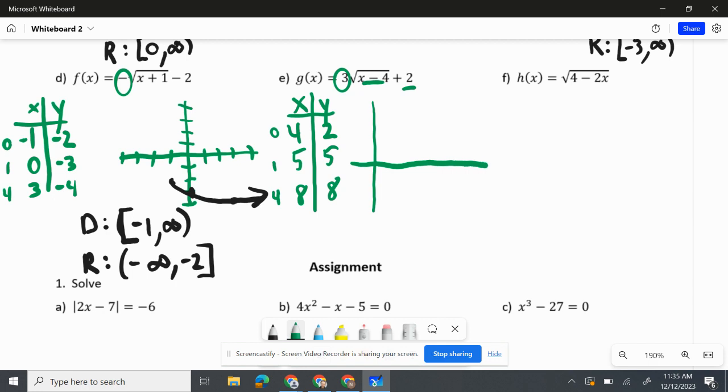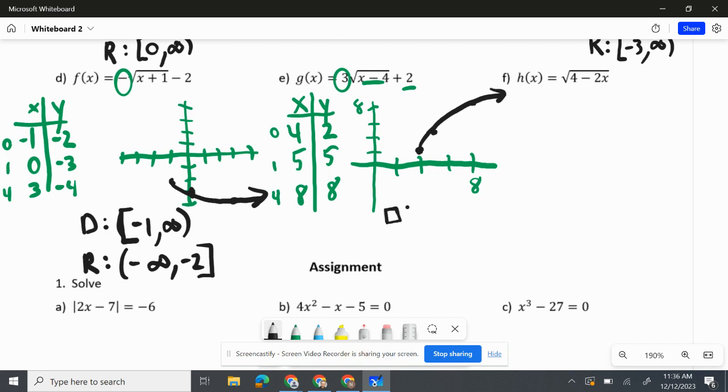So with this one right here, just to save space, I'm going to go by 2s, 2, 4, 6, 8, and 2, 4, 6, 8. So when I graph this, I have 4, 2, I have 5, 5, and I have 8, 8. And this right here gives me my graph.